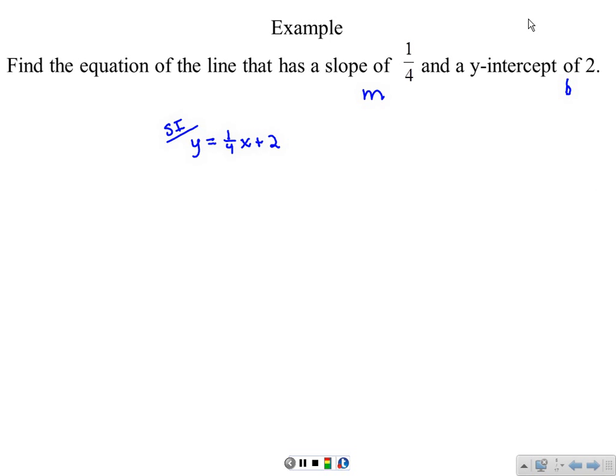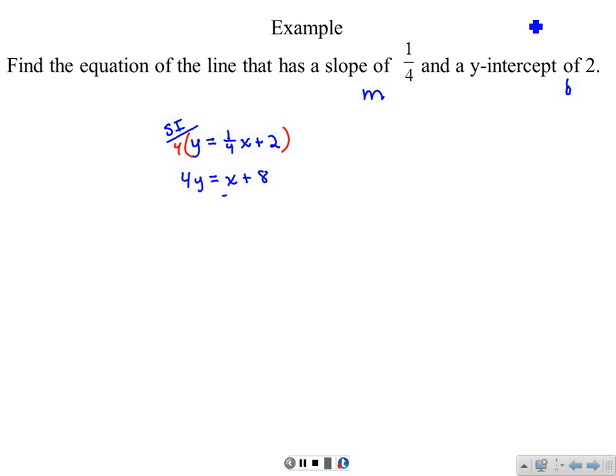But to get it to standard form, remember your three rules. Number one, x and y have to be on the same side. Number two, no fractions. And number three, your leading coefficient must be positive. So the first thing I want to do is get rid of the fractions. So we're going to multiply through by the denominator, 4. So we'll have 4y is equal to x plus 8.